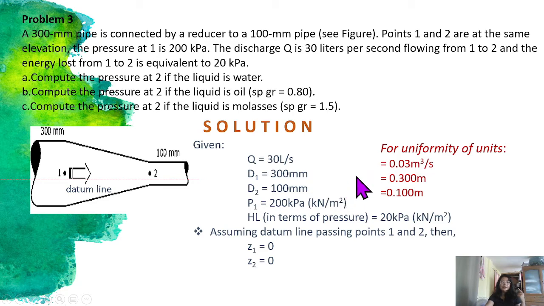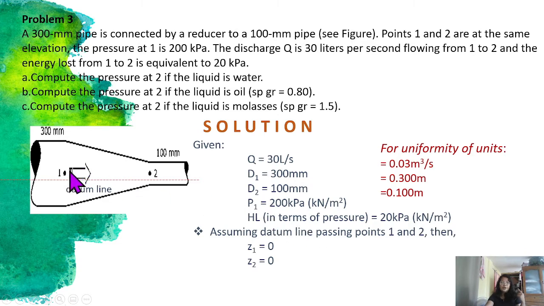Yung malaking pipe. So, divided by 1,000, you will get 0.3 meter na lang. And then the diameter at the second point, 100 mm divided by 1,000, and that is also equal to 0.1 meter na lang.